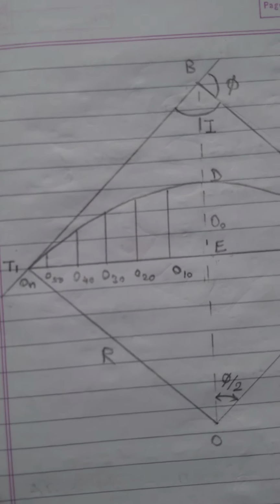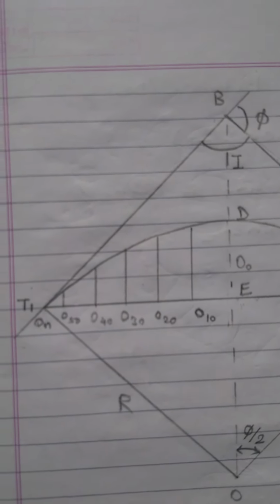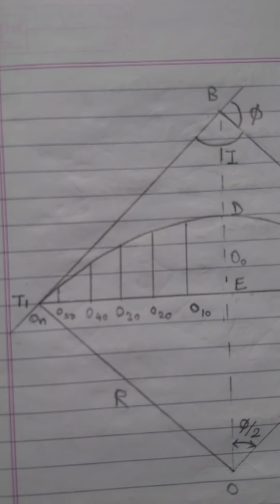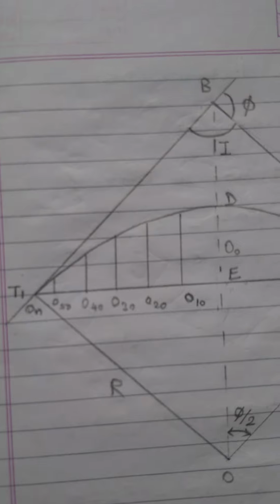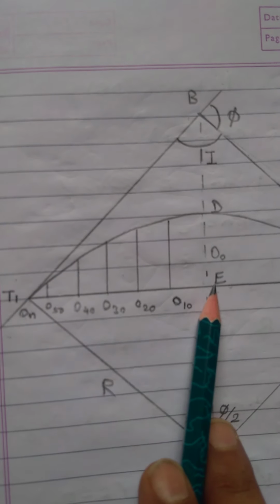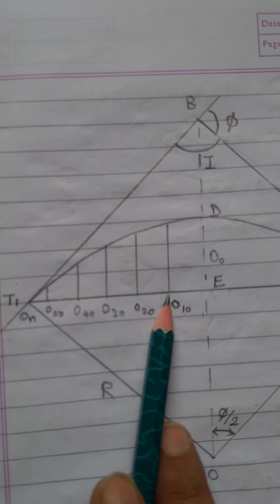Now the left hand side of this long chord is again divided into some parts by using the peg interval. Let us suppose the peg interval is equal to 20 meter. Then from E you have to divide this half long chord in intervals of 20 meter.